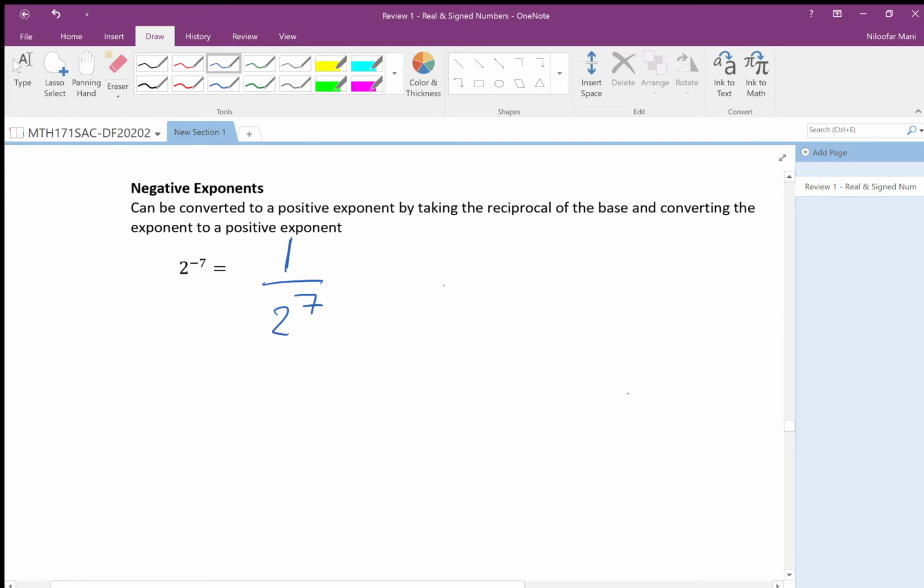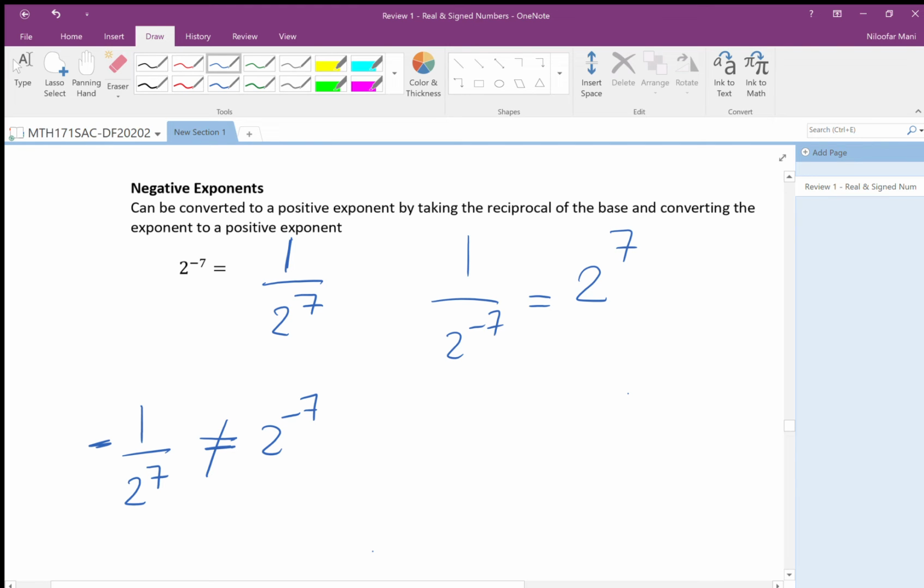If you have 1 over 2 power minus 7, you can say it's 2 power 7 because you can move it up and change the sign of the exponent. But if I have minus 1 over 2 power 7, I cannot say it is equal to 2 power minus 7. No.